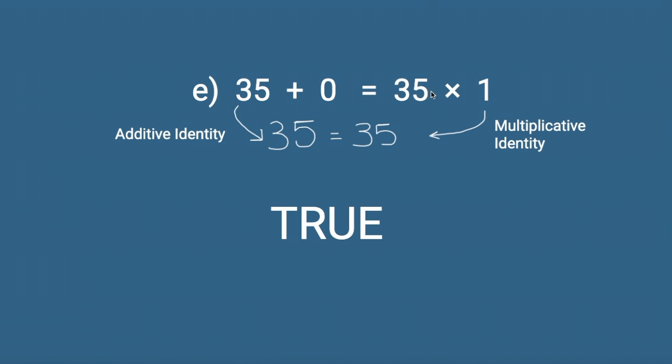And then on this other side, we can do the multiplicative identity and we would get 35. So 35 equals 35. So this is true. We actually had to do two different identities, but I think it was pretty easy and logical to get to without even needing to know this.